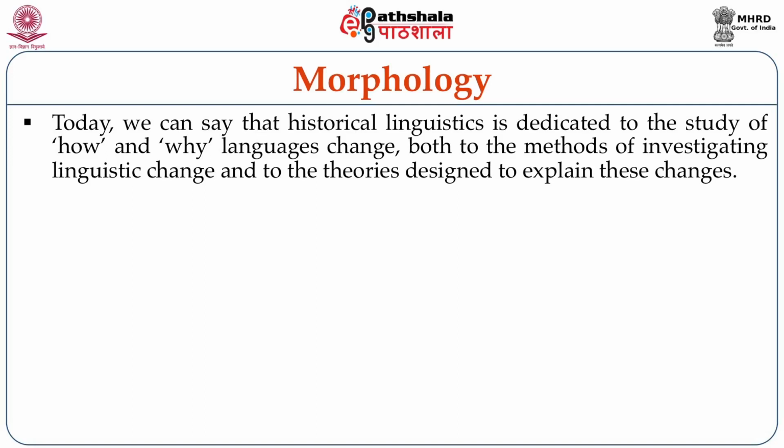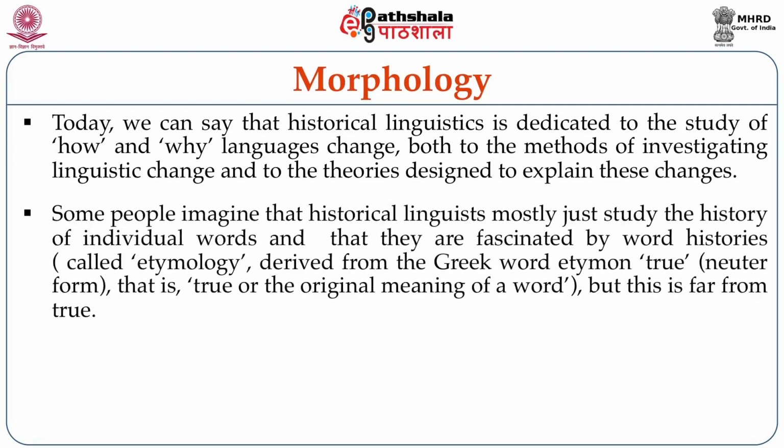It is dedicated both to the methods of investigating linguistic change and to the theories designed to explain these changes. Some people imagine that historical linguists mostly just study the history of individual words, that they are fascinated by word histories called etymology, derived from the Greek word etymon, true, that is the neuter form of it, that is true or the original meaning of a word.